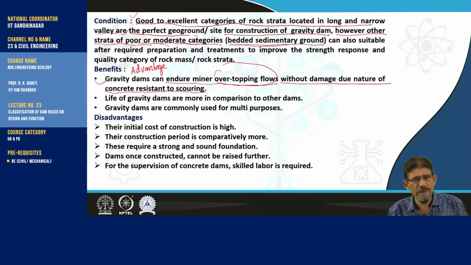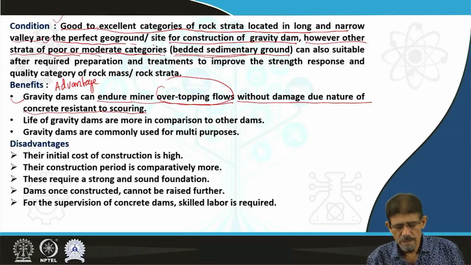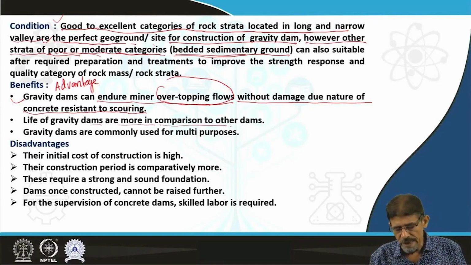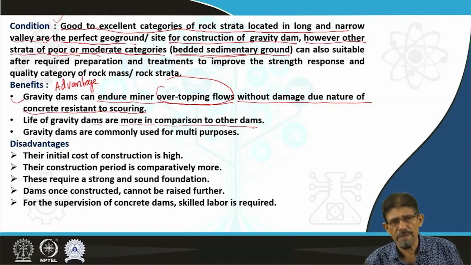This type of dam is going to show its stability against over-toppling activity, particularly in case of minor endurance. The life of gravity dams is more in comparison to other types of dam.